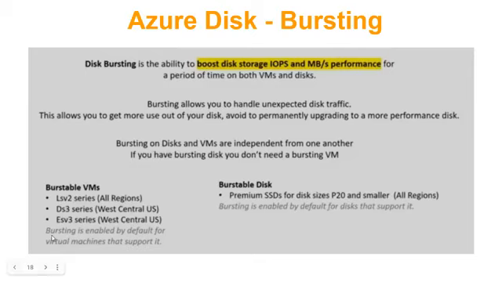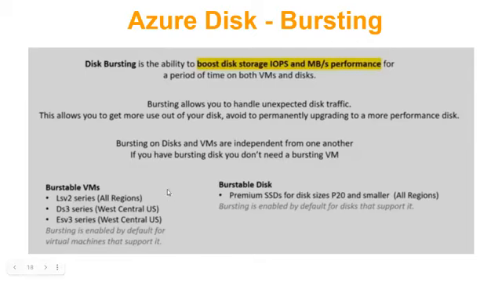So we have burstable VMs and burstable disks. Disk bursting and VM bursting is not allowed for all VMs. We have only three series: the LSV2 series, for all regions, the DS3 series only in the West Central US region, and the V3 series in West Central US.